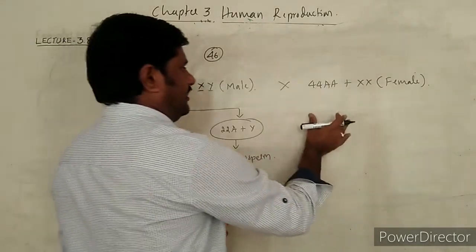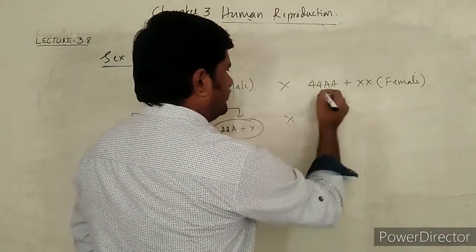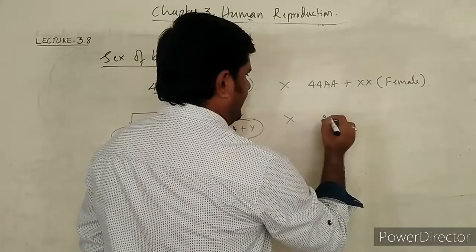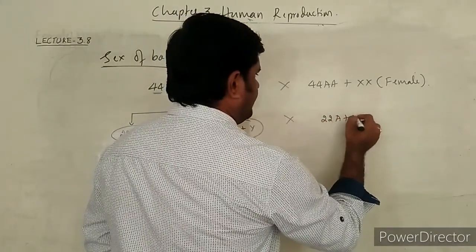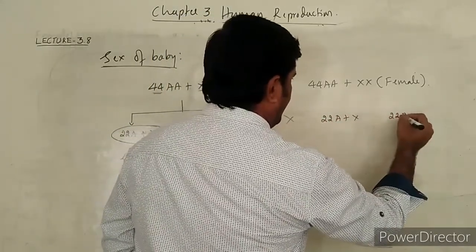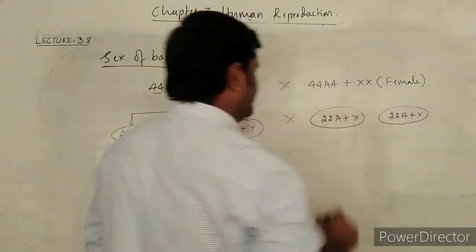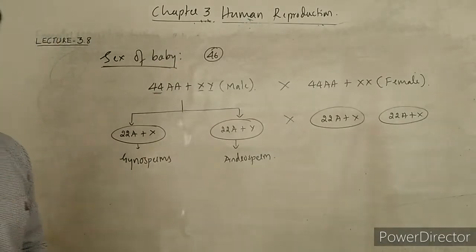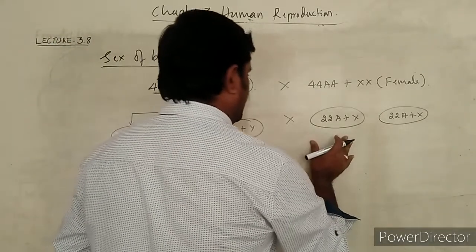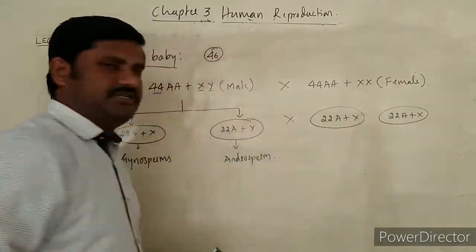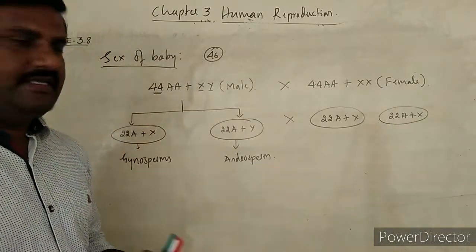What about the female? You can imagine yourselves. In female, 22A plus X and 22A plus X. So the same type of egg cell or ovum is produced over here, and there is no differentiation at all between the egg cells itself.